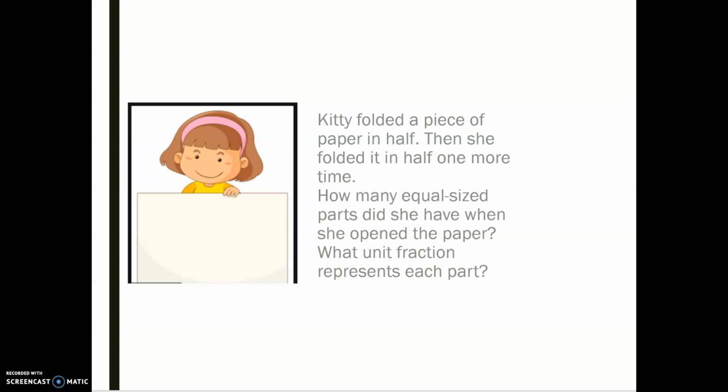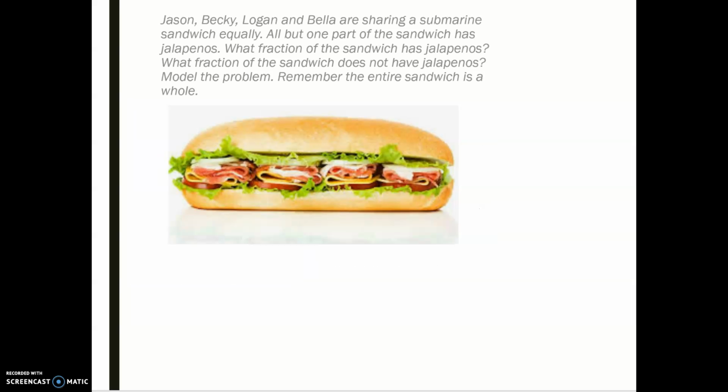Excellent. Okay, here's another one. Don't laugh because you're in this math problem, okay? It says Jason, Becky, Logan, and Bella are sharing a sub sandwich equally. All the parts of the sandwich have jalapenos except one part of it. Which fraction of the sandwich has jalapenos? So they're sharing one big sandwich, right?